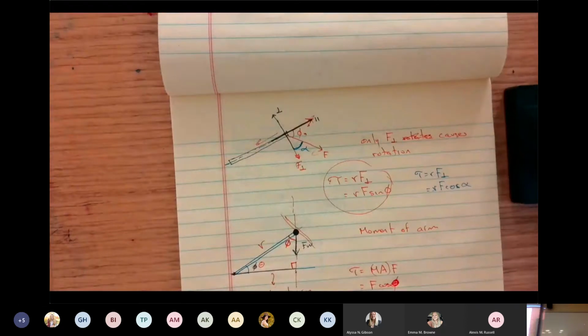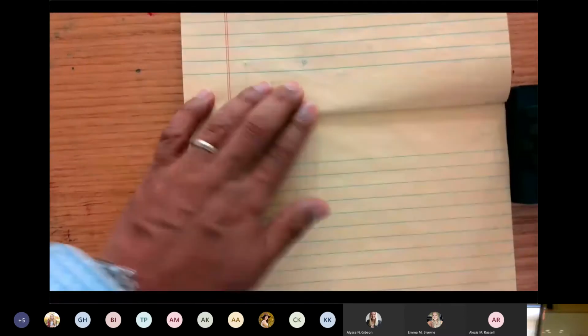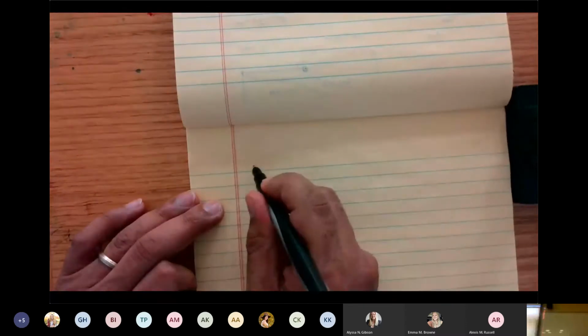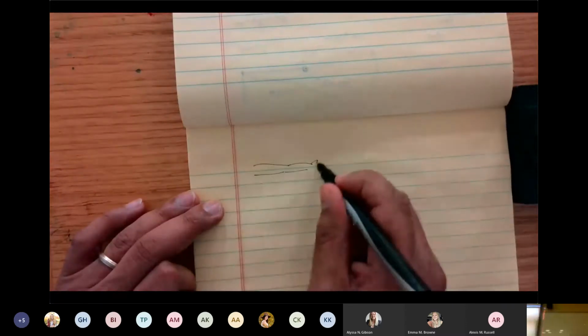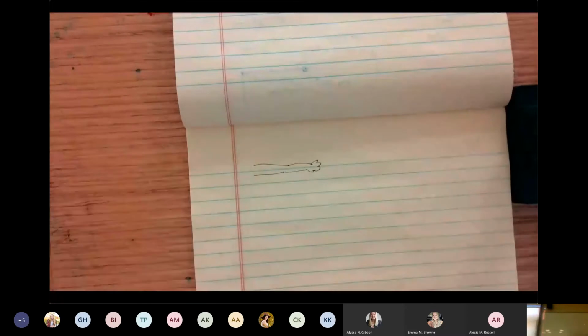So what I want to do today is just look at a different kind of torque, and it's basically the torque caused by gravity. So if you imagine that you have your arm, and it's just your arm, nothing else. You are activating some muscles in your shoulder to keep your arm in that position.